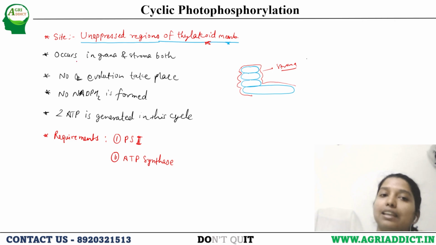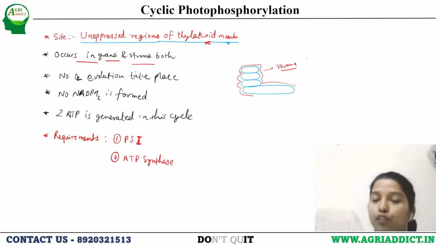So we can say that it occurs in both grana and stroma, because in the previous one we studied that non-cyclic photophosphorylation occurs only in grana. Here it occurs in grana thylakoids and stroma thylakoids also. Here, no O2 evolution takes place. That is the difference between cyclic and non-cyclic. In non-cyclic, oxygen is released because there is photolysis of H2O.